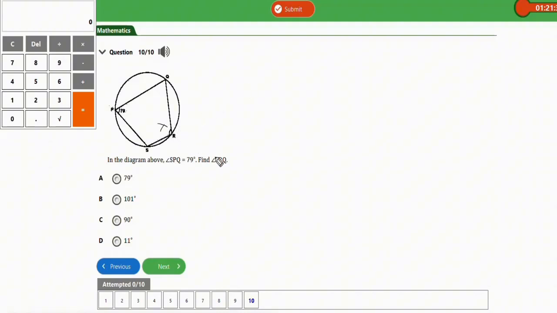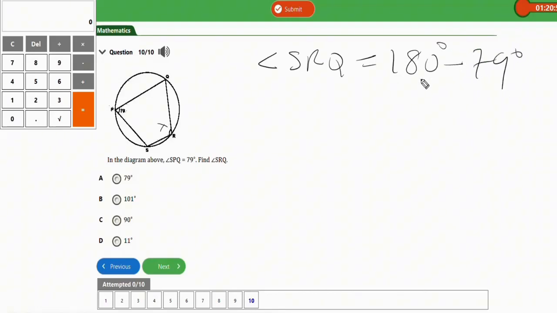So to find the value of angle SRQ, we are going to subtract this value we have here for angle SPQ, which is 79 degrees, from 180 degrees. When you do it, you're going to get the value of the angle SRQ. So angle SRQ will give us 180 degrees minus 79 degrees.